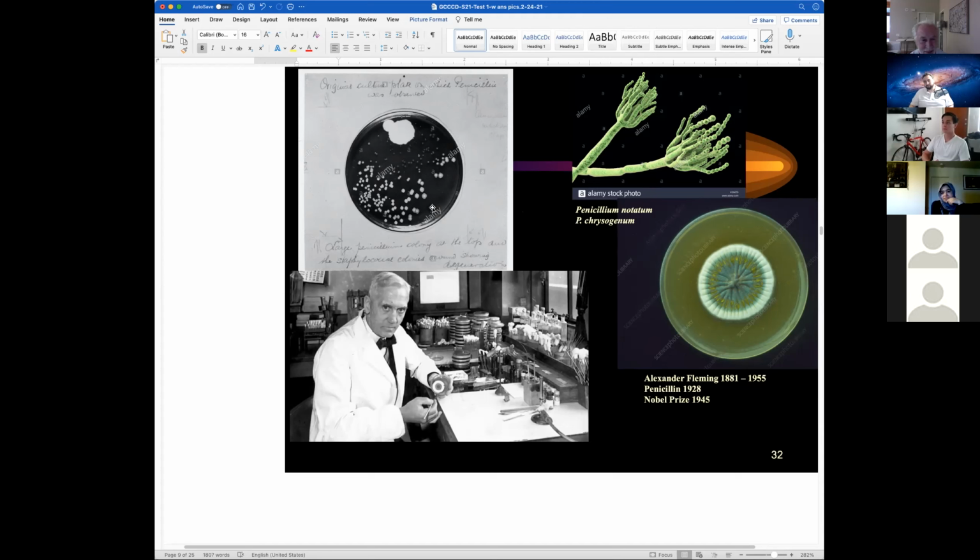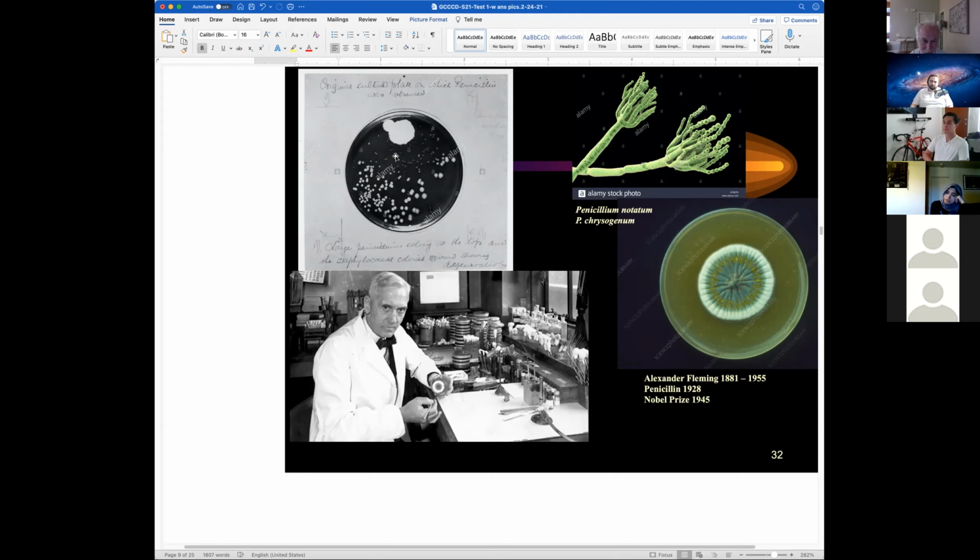Fleming sees this, and in contrast to what everyone prior to him would have done, they say, oh, damn, my bacteria, which is what he wanted, got contaminated with a fungus, and throw the plate away. Well, he didn't throw it away. Instead, he looked at this clear zone and said, there's no bacteria growing there.